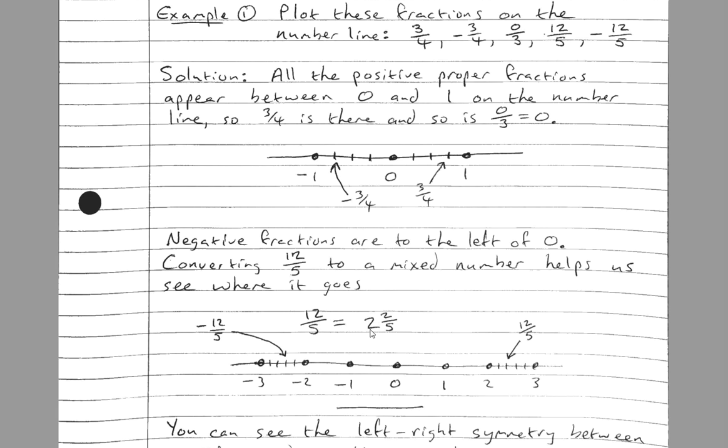That's the whole number part. Remainder 2. So that's this 2. I should have used, say, 13 over 5, 2 and 3/5. But the remainder goes here in the fraction part. So as a mixed number, 12 over 5 is 2 and 2/5.